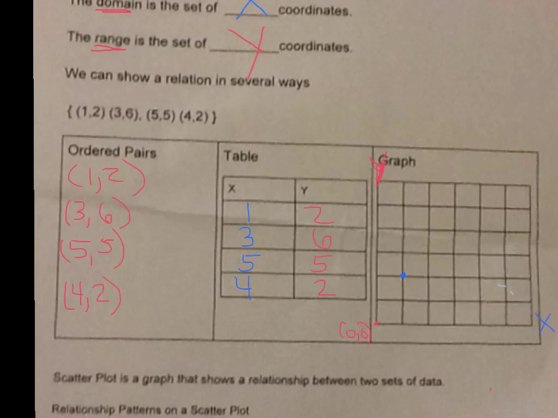Next, I'm going to look at my next point, 3, 6, and I know that I go over 3 and up 6. So 1, 2, 3, 4, 5, 6. Next, I have the ordered pair 5, 5. So I go over 5, 1, 2, 3, 4, 5, and then up 5, 1, 2, 3, 4, 5.